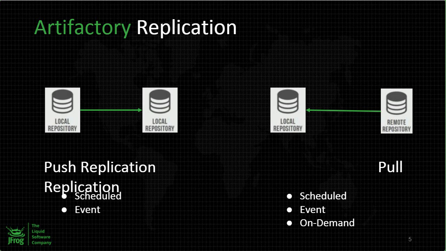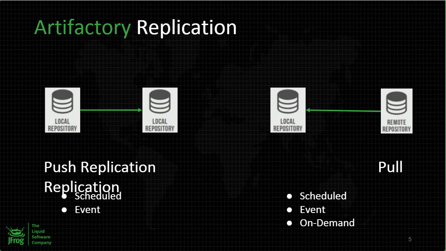Say, for example, you have two separate setups, one in US and one in Europe, and you want to have some artifacts which are in US available in Europe as well. Then you create a local repository in your Europe setup and set up this push replication from your local US repository to the local Europe repository.